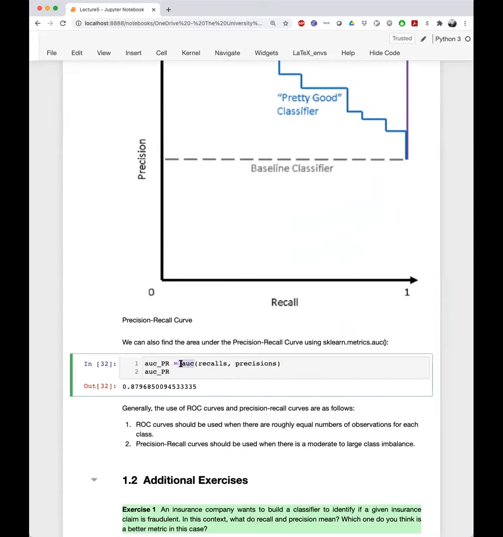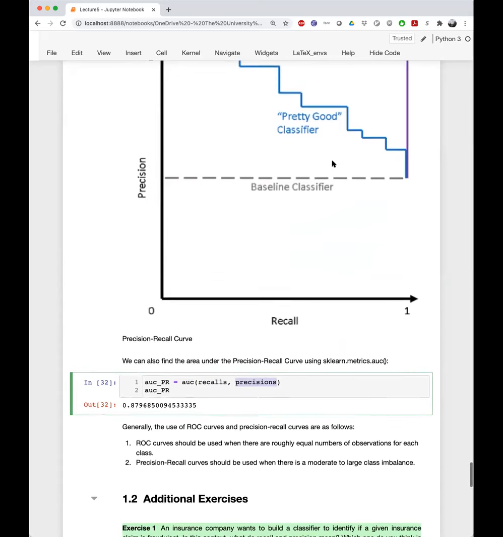Just call the AUC function, imported from the same metrics module, using the recalls and precisions. It gives you the AUC number, 0.88. If another classifier gives a higher precision recall curve, that model is better. But you cannot compare the precision recall AUC with the ROC AUC, right? They're two totally different categories. You have to compare apples with apples.